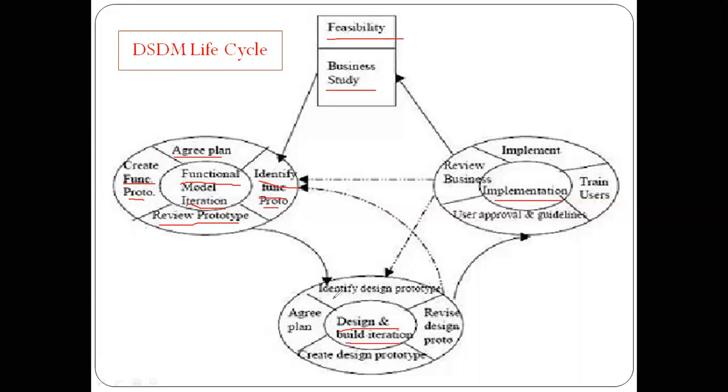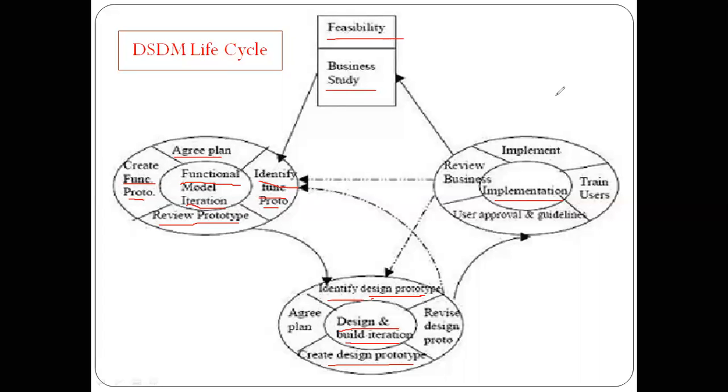In this design and build phase, first, identify which kind of prototypes we are going to design. Next, agree the plan. Next, create design prototypes. After that, review the design prototypes. After performing these steps, next we are going to the implementation phase.